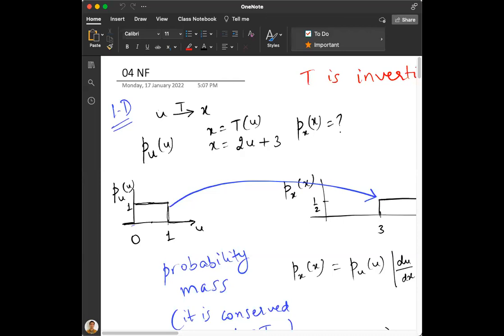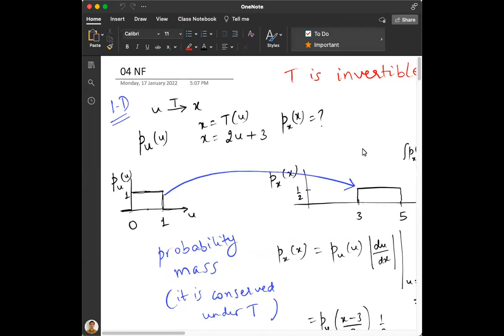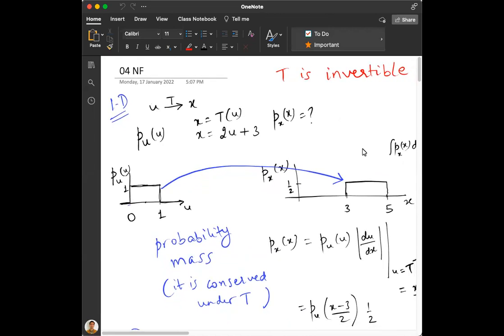So we have been discussing normalizing flows. The basic principle is, what is the requirement? The requirement is that we want to model very complicated distributions, which are not very easy to sample from or not very easy to estimate.